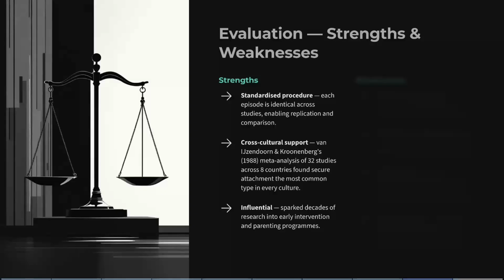However, and this is where the evaluation becomes sophisticated, van IJzendoorn also found significant variation within cultures, and that was often greater than variation between cultures. Japan showed higher rates of insecure resistant attachment. Germany showed higher rates of insecure avoidant. And these cross-cultural differences matter.